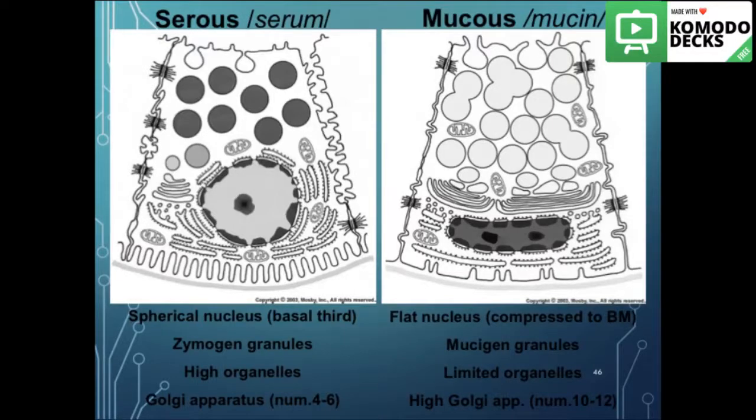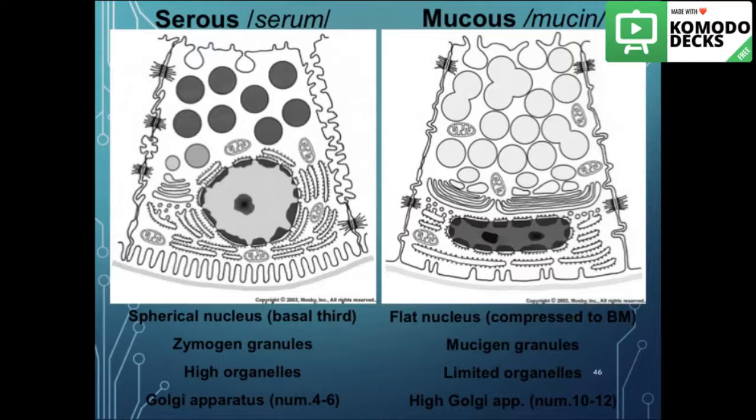Finally, another summary of the serous and the mucus secretory cell. We see a spherical nucleus in the basal third in the serous part, while a flat one compressed to the basal membrane in the mucus side.